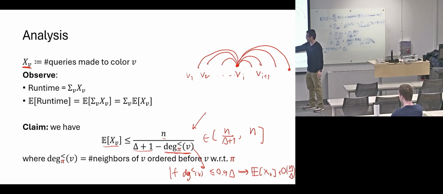This makes sense because you either query all the nodes or you query one color. And this is the size of the set of one color in expectation, because we color each node randomly. So each color will have n over delta nodes in expectation. So you spend this much time on each node in expectation, and there are n nodes.